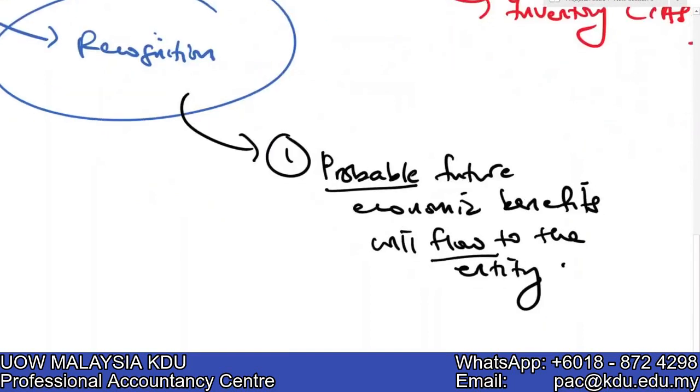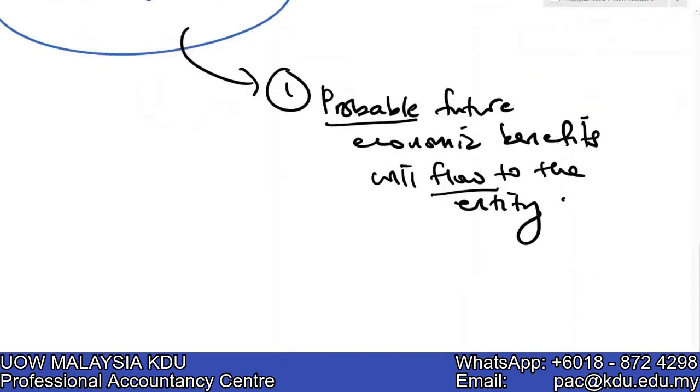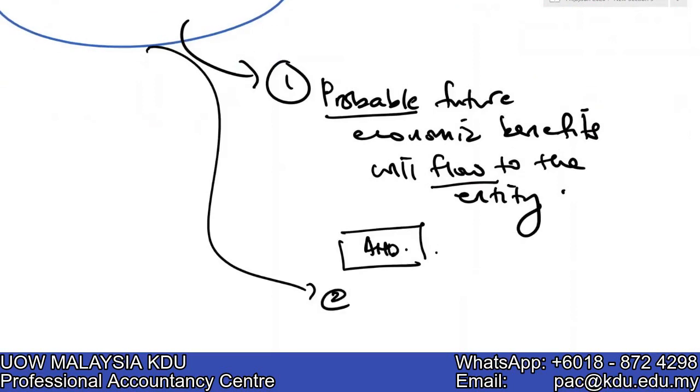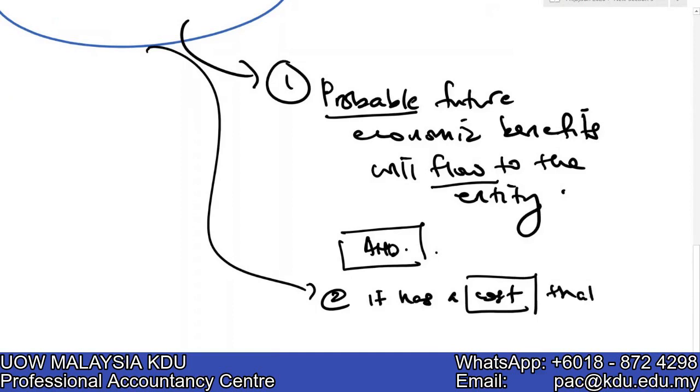If it is probable that this investment property will generate future economic benefits, like your PPE, if the machine will help us to generate revenue, probable, more than 50% chance, okay, that it will generate future economic benefits. And second recognition criteria, for assets, all the same: if it has a cost that can be measured reliably.